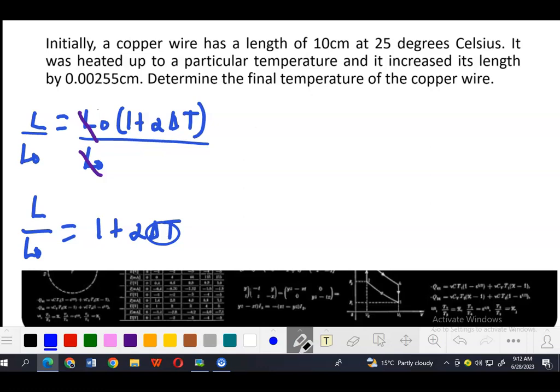So what we are going to do next is take this 1 to the other side, so that we have L divided by L0.